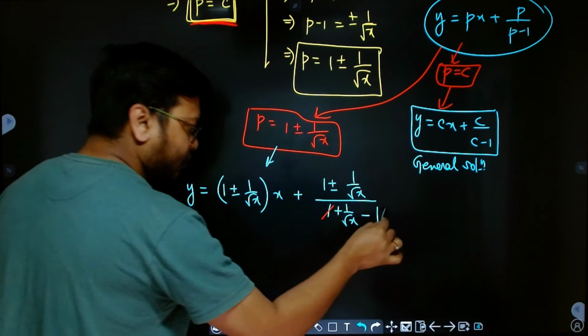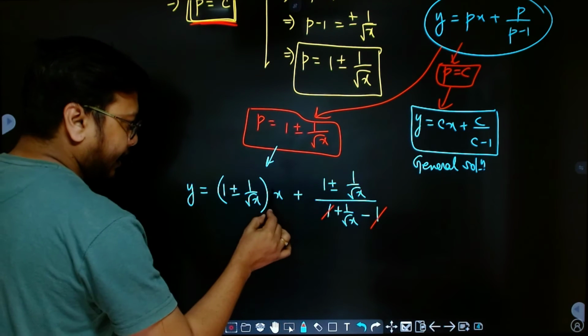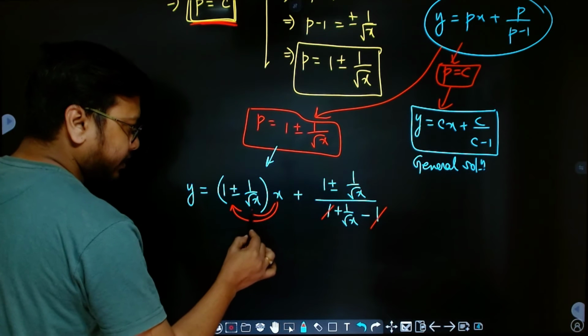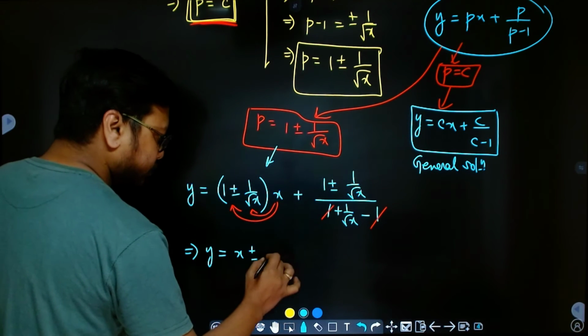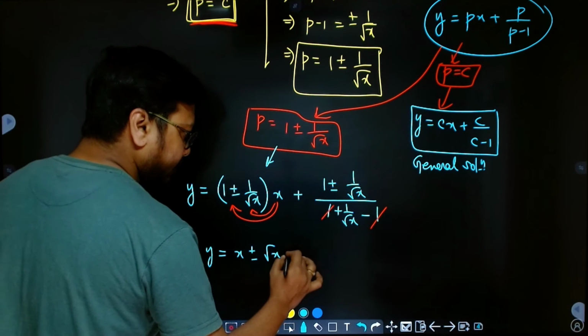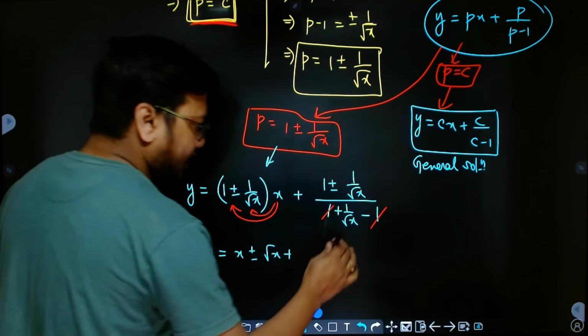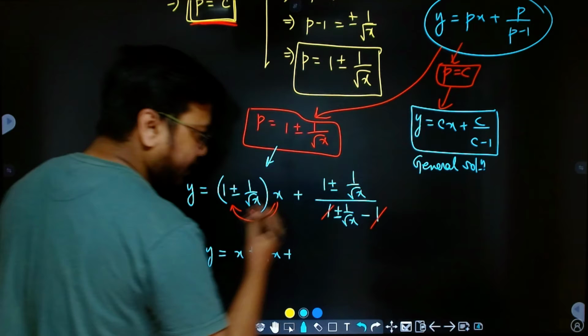So we can see the minus 1 is getting cancelled, and if I multiply this x term by term, I'm going to get x plus minus root x plus there is a plus minus here as well.